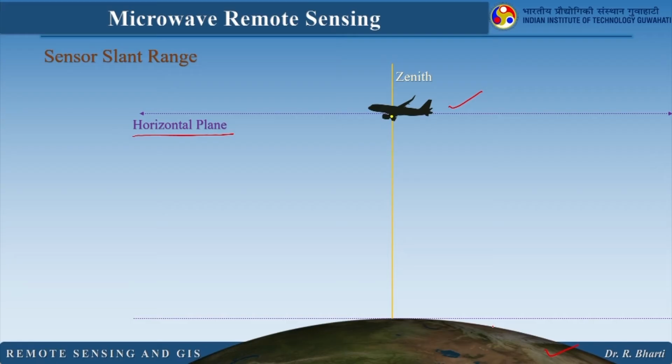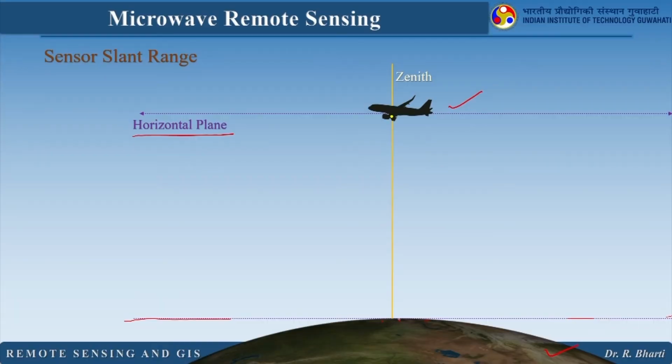Here you can draw a tangent, and this is the horizontal plane you have drawn, right. Once you look vertically down from your sensor, satellite or airborne platform, you can easily mark the nadir. So nadir is the vertically down projected point on the ground, right.